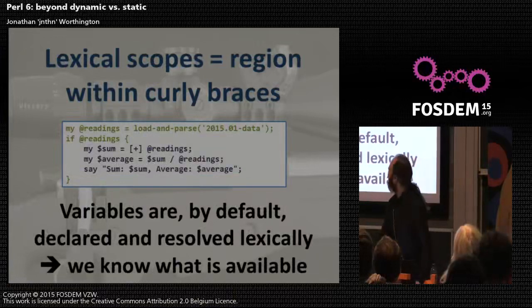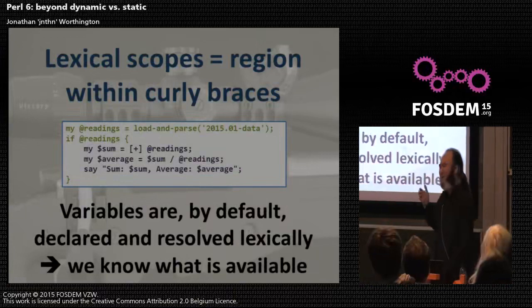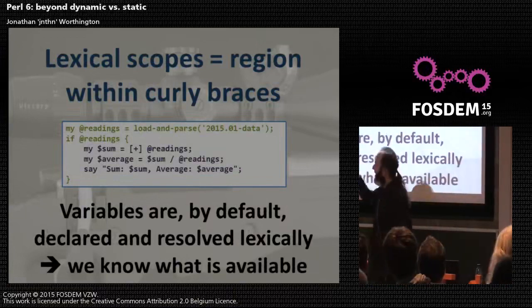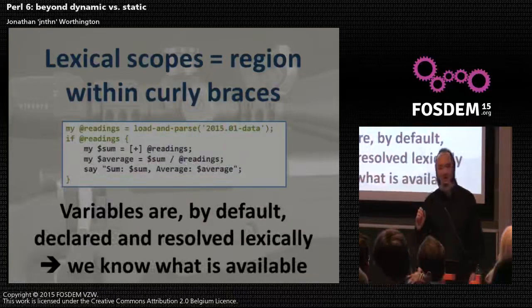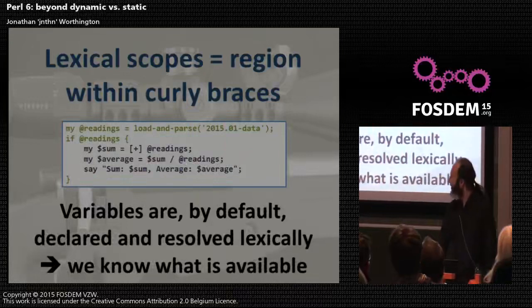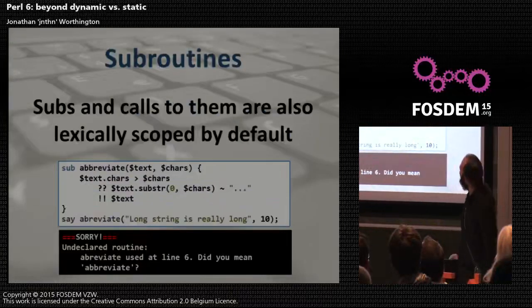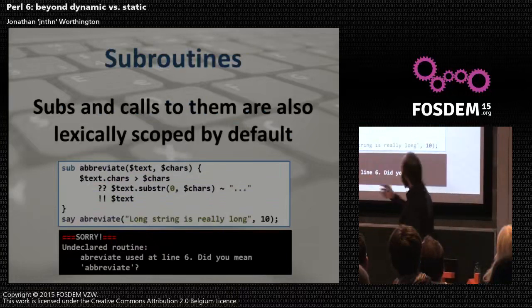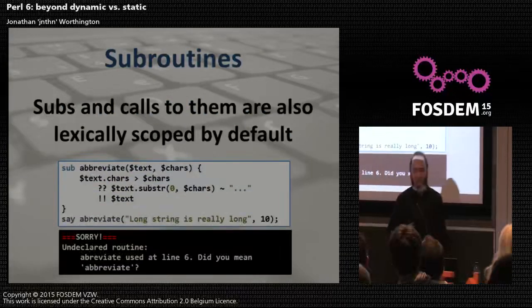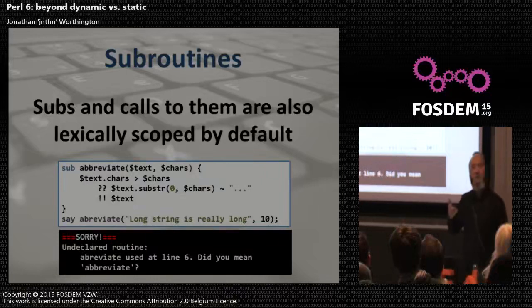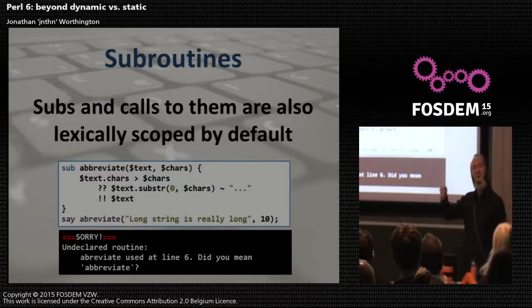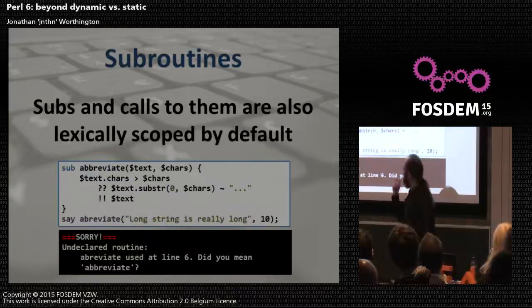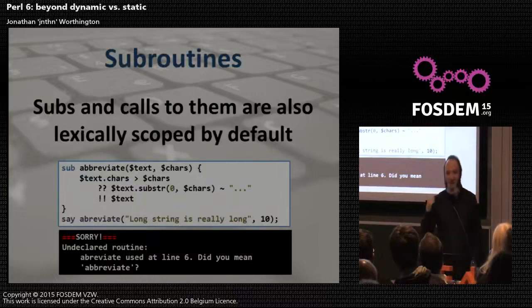So it's not only variables that are, by default, declared lexically with my and resolved lexically, but it's also subroutines. So in Perl 6, when you write sub abbreviate, what you're actually saying, if you wanted to put it in Perl 5 terms, is my sub abbreviate. And we haven't just made sub declaration lexical, we've made sub resolution lexical.